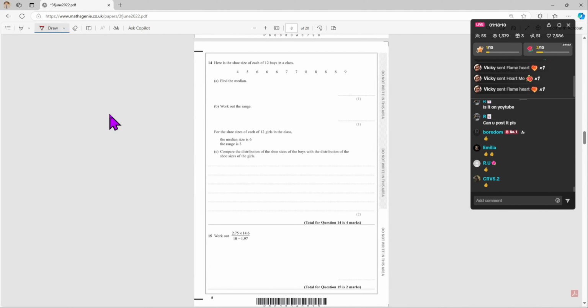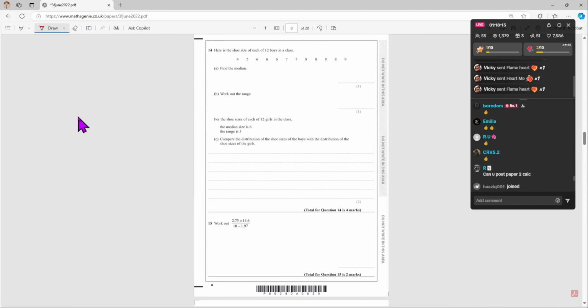So question number 14. Here is a shoe size for each of 12 boys in a class. We need to find the median. As you can see, they've been so nice to you that they've literally ordered it for you.